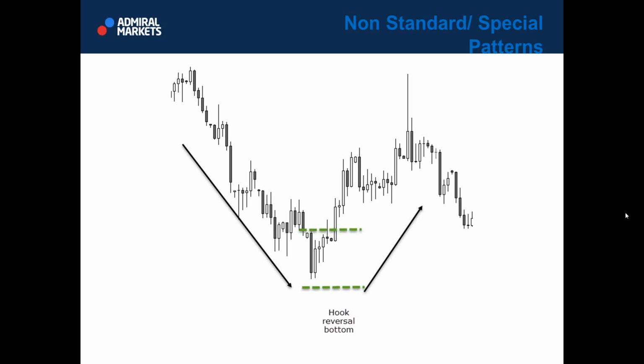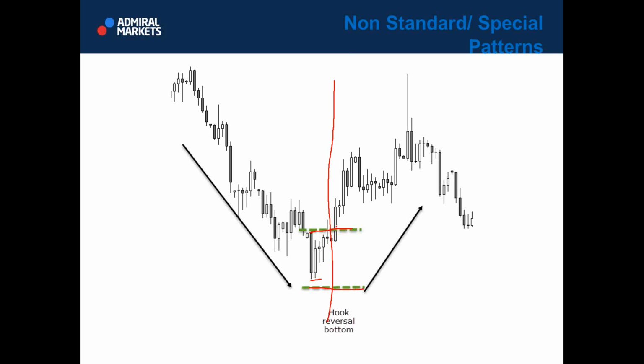This can be a double bottom, but you don't know if it's a hook reversal bottom, because this double bottom does not tell you anything unless you see these two. Basically, this is very important. Don't look at this part of the chart. Concentrate on this part of the screen.